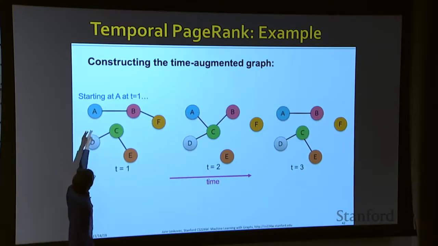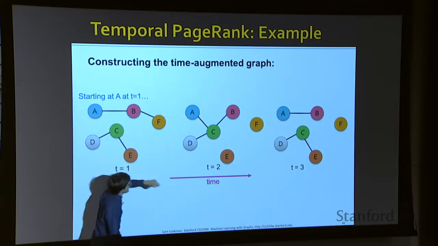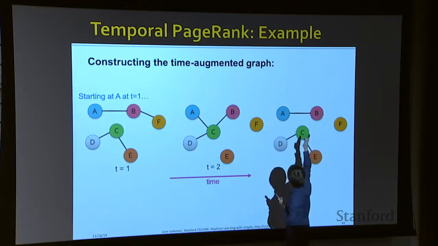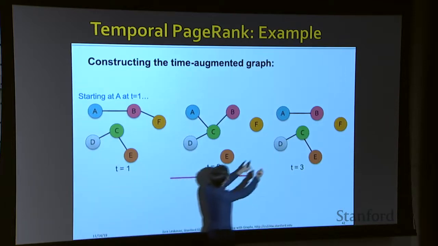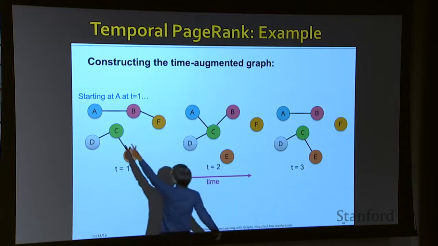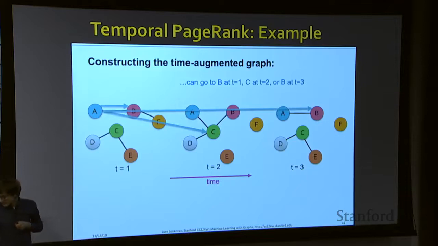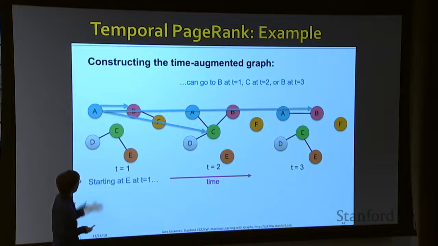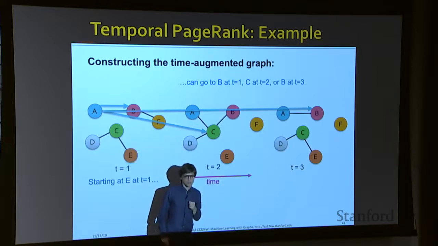Because the node A had, for example, a link to node B at time 1, had a link to node C at time 2, and it had a link to node B at time 3, right? So now for every time comma node, I create a new node, and now I can, rather than thinking of these links appearing here, I can think of them as appearing between the node and the target, right? So this is how the links will look like, right? And I can now do this for all the nodes to create this kind of temporally augmented network.